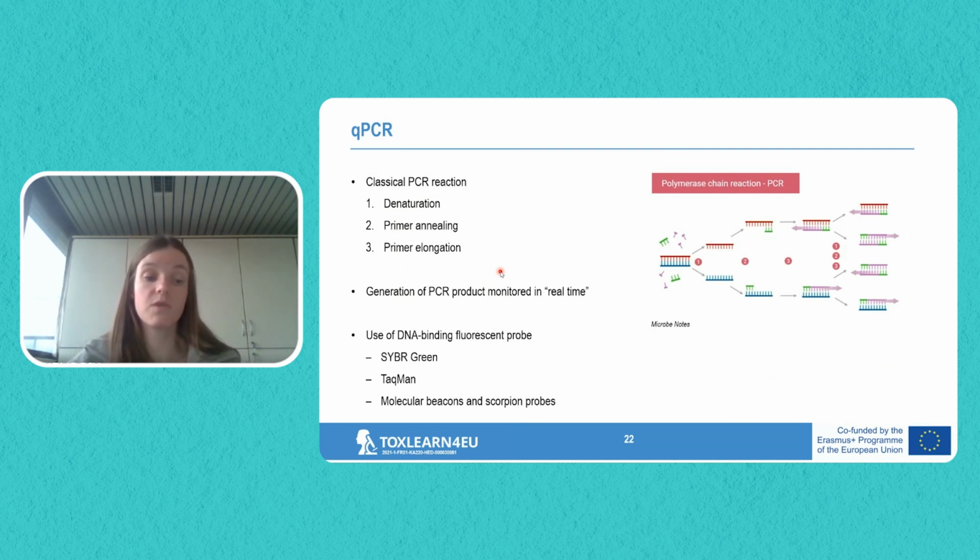This is something we can do by using a DNA-binding fluorescent probe. Different probes exist, but the most important ones are SYBR Green, TaqMan, and also molecular beacons and scorpion probes. We will briefly discuss the working mechanism behind each of these probes.